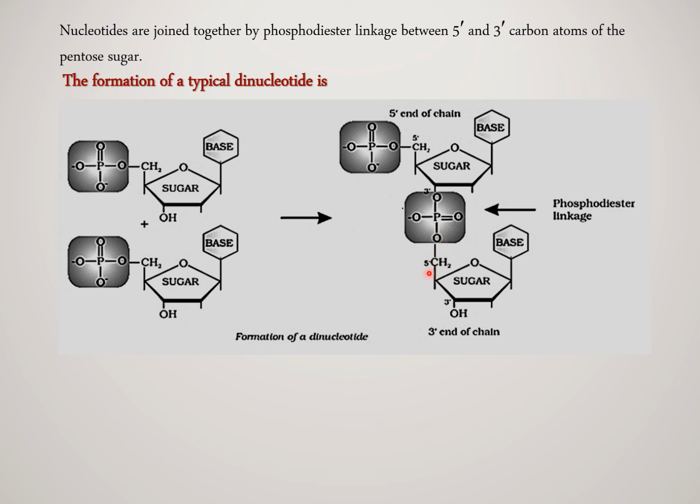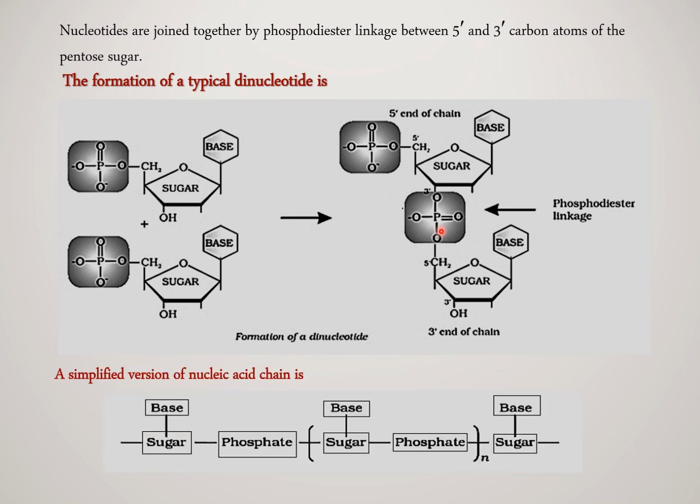So this is the 5' of the other nucleotide and this is the 3' of the first nucleotide. So these two are linked together, 5' and 3' are linked together by the phosphodiester linkage. This is how a typical dinucleotide is formed.